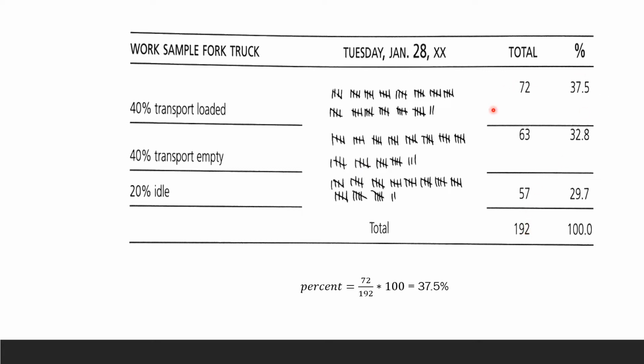So when you calculate the percentage, 72 out of 192 times 100 will give you 37.5. 63 divided by 192 times 100 is going to give you 32.8. 57 divided by 192 times 100 is going to give you 29.7. So that's your percentage for your work element, three of them in this case.